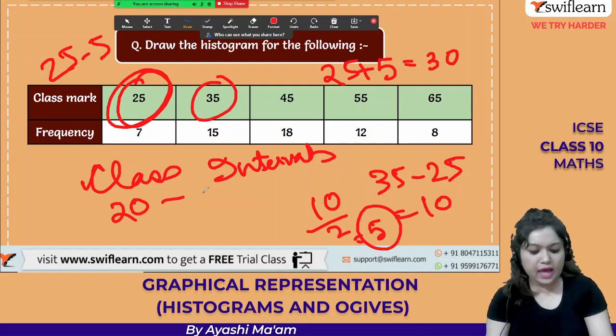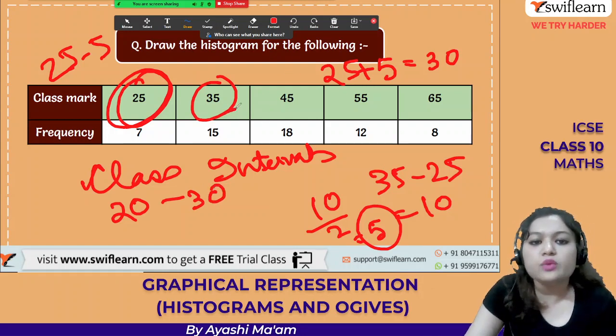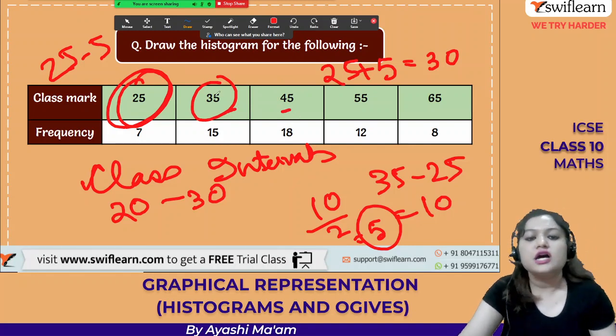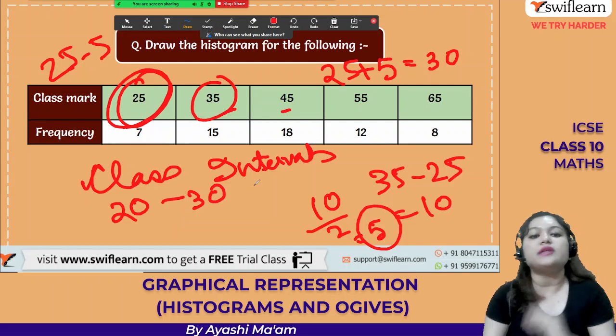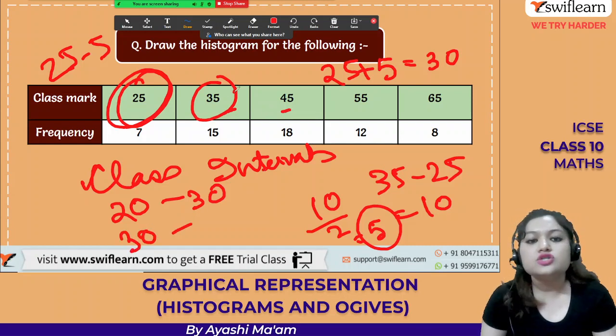So you are getting from 20 up to 30. Understood? Very, very simple. For the second one also, 35, 45 difference is 10. 10 divided by 2 is 5. So for the second class interval, it will be 35 minus 5, that is 30. And for the upper class limit, 35 plus 5 again.